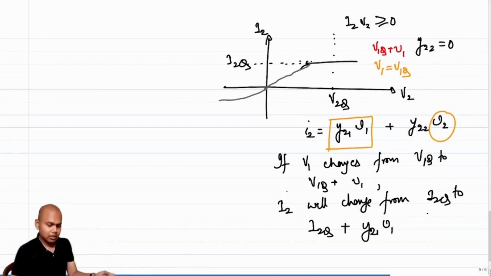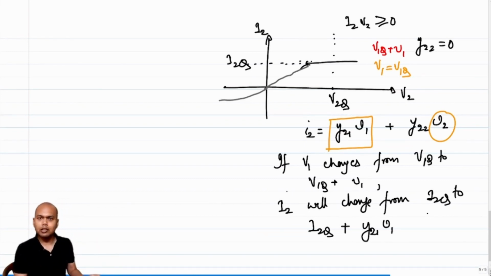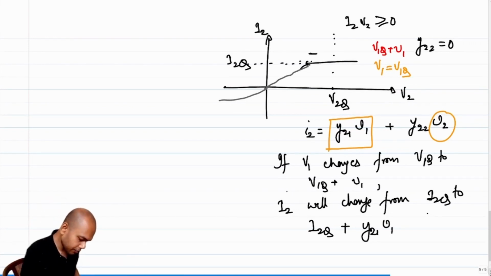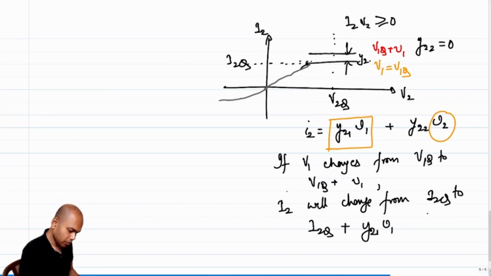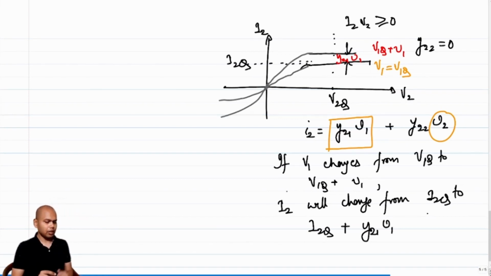So for small changes in V1, we would expect this curve to shift upwards, assuming Y21 is greater than 0. This change will be Y21 times v1. And similarly, this curve will also have to somehow nosedive into 0 and maybe go into the third quadrant.